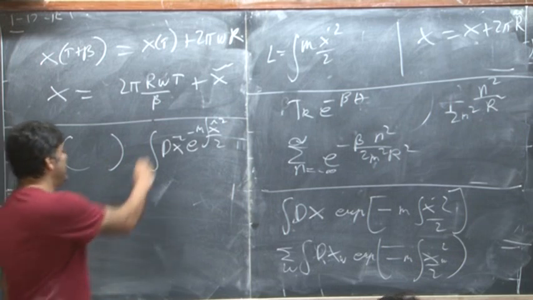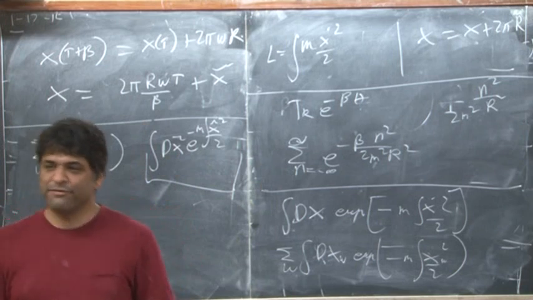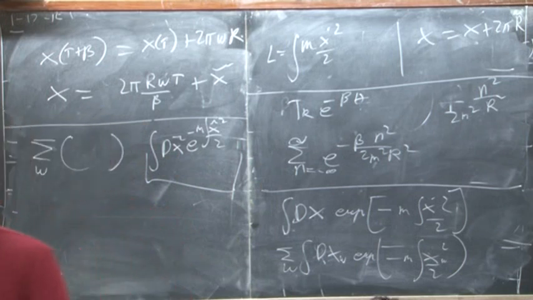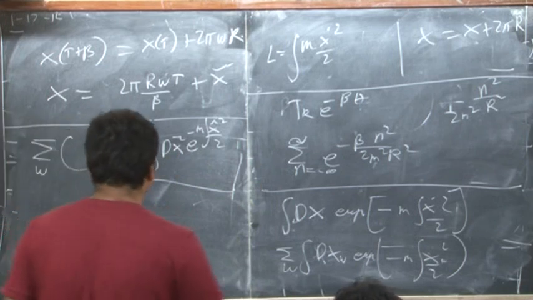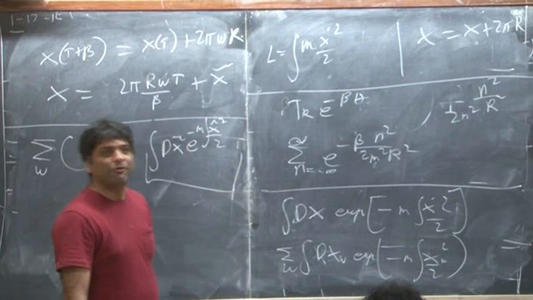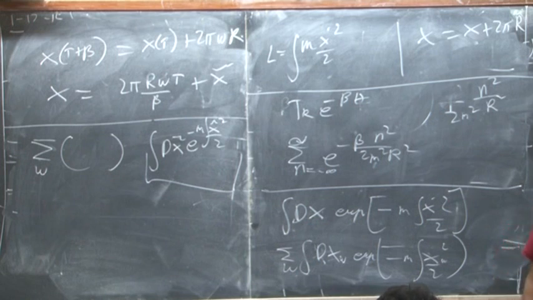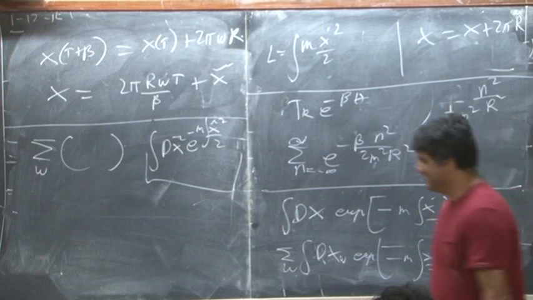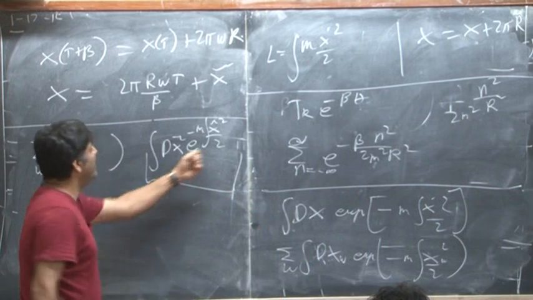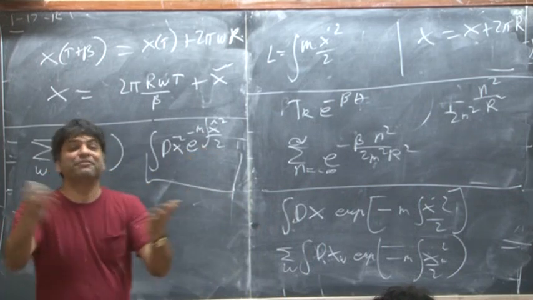Okay? Now, to actually evaluate this is a bit of a pain in the neck because you have to regulate. This part I'm just going to borrow from what we've done previously.